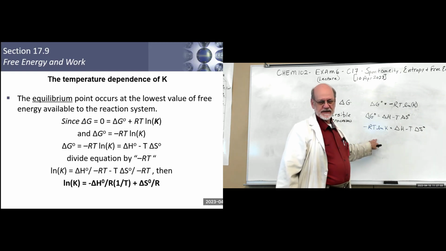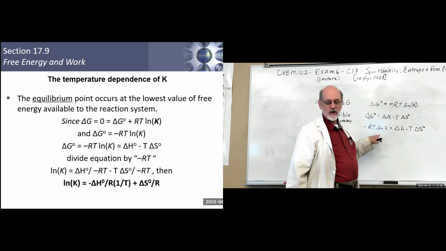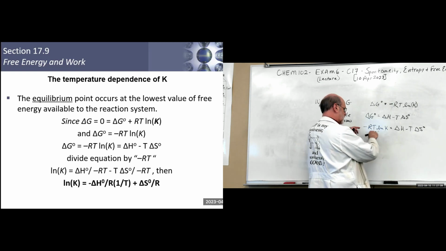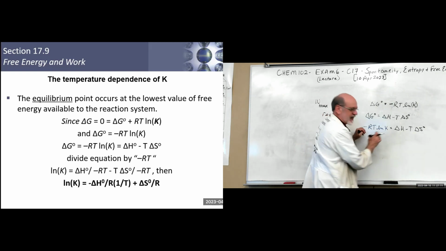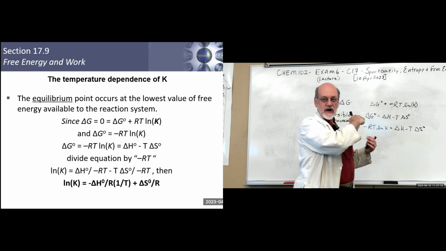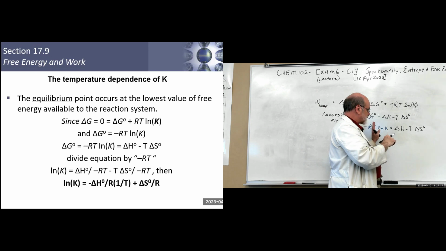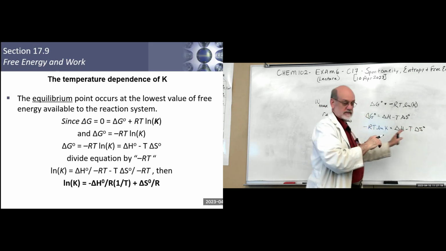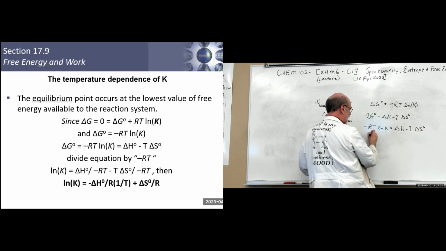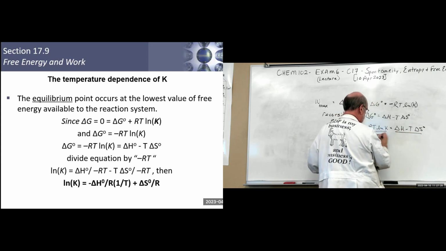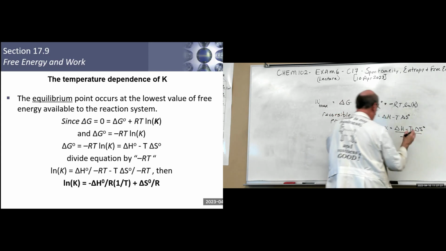In this case, we want to divide the equation through by minus RT. We're trying to get K on one side of the equation. So if we divide the whole thing through by minus RT, now what do we get?